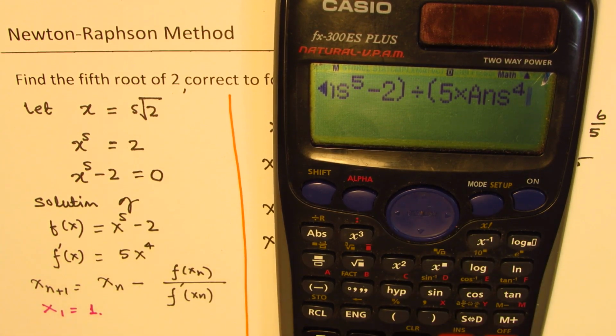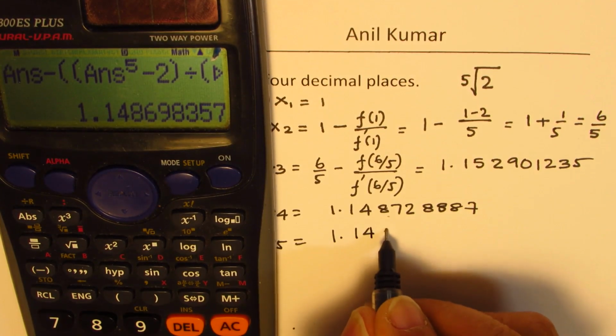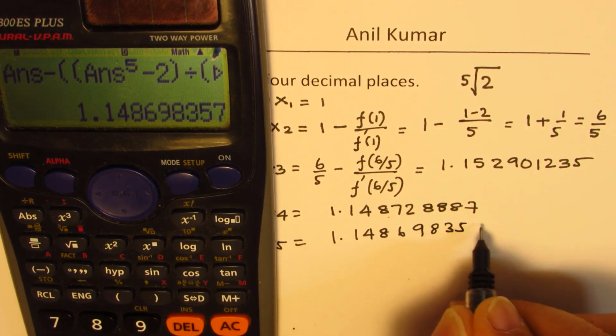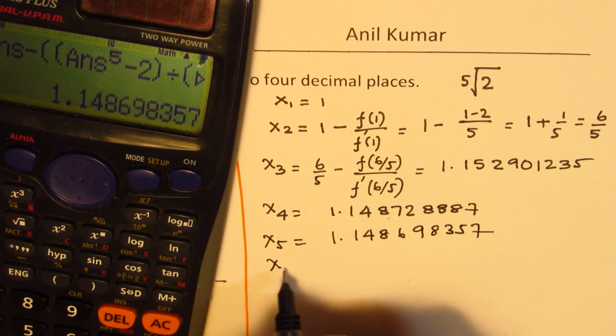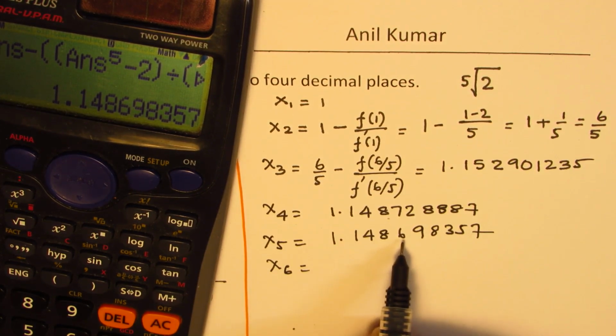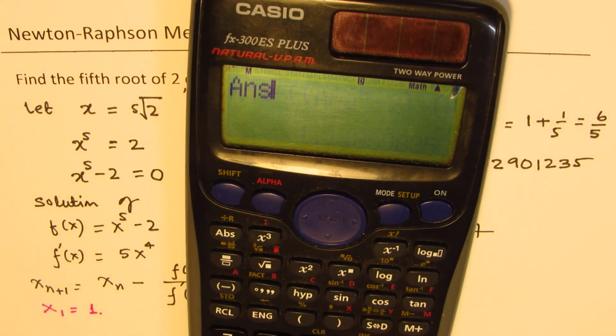So bracket close, 2 brackets, we get the value as 1.148698357. Let's find the next value. Now you see 148 is matching, right? Let's continue this process. It's an iterative process.